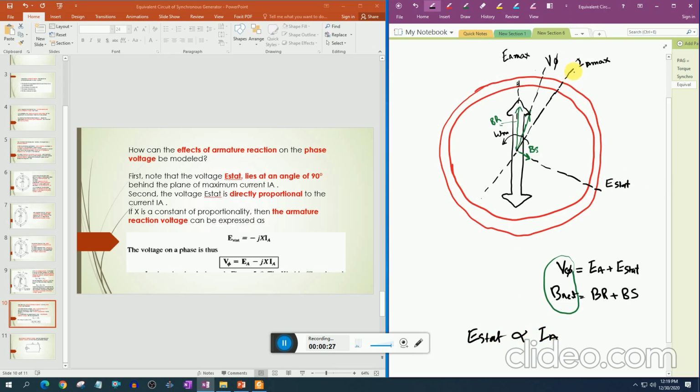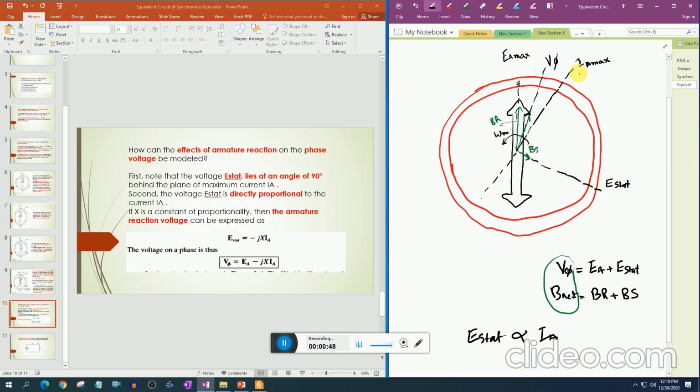Why? As the stator winding current, which is IA, increases, the stator winding magnetic field increases, and when the magnetic field increases, it induces its own E stat, so E stat increases. So E stat is directly proportional to IA.